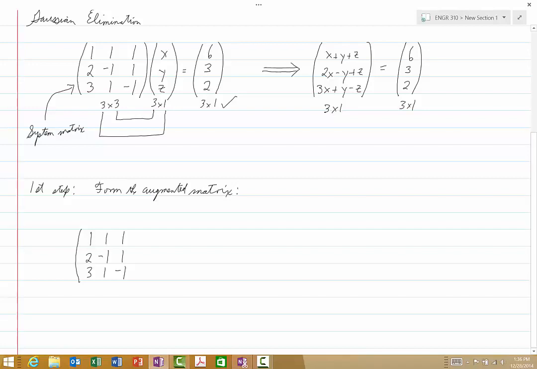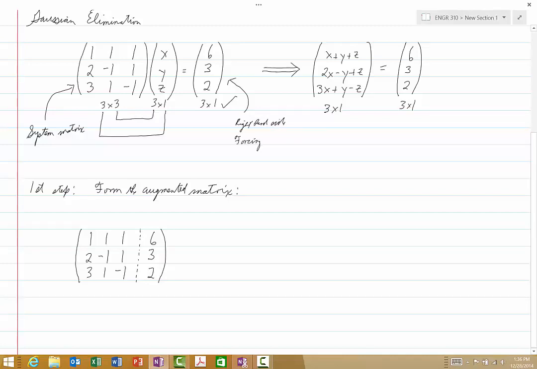But now we put, some people like to put a dashed line. Some people don't put any line at all. But you want to put one more column here, and the other column will be the right-hand side. Some people just call this right-hand side. Some people will call it a forcing vector.